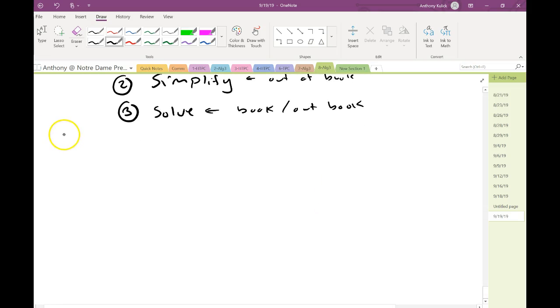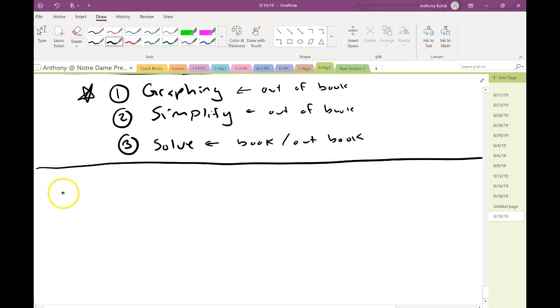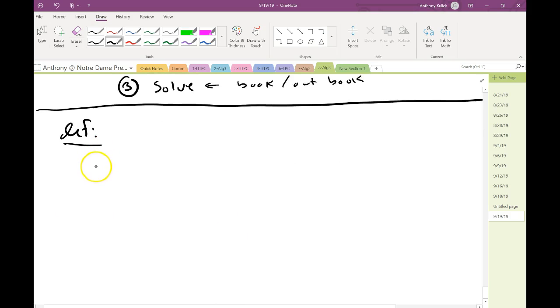Okay, so that being said, we're going to start today talking about graphing. And we'll start by defining what we mean by a quadratic function.